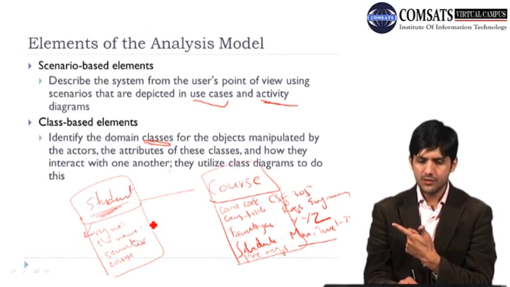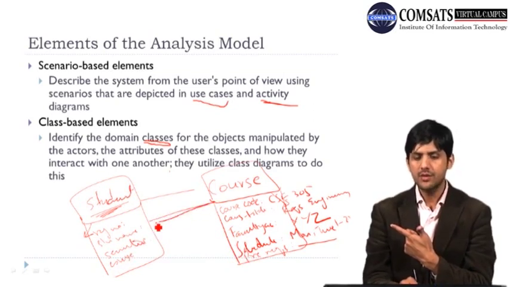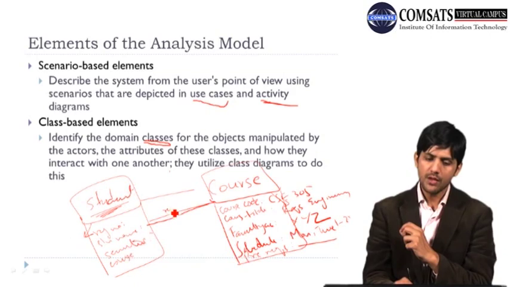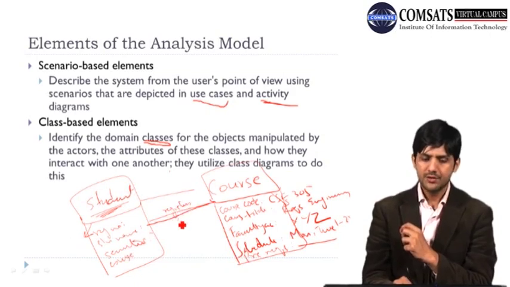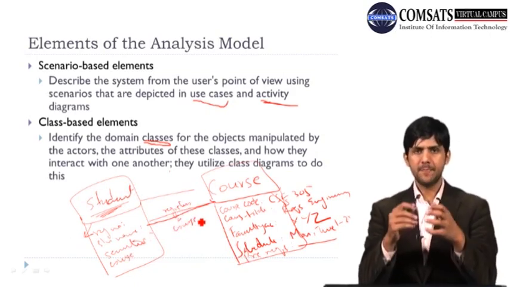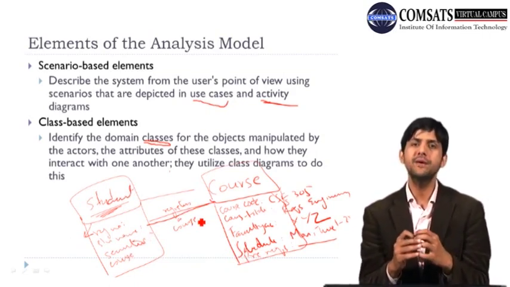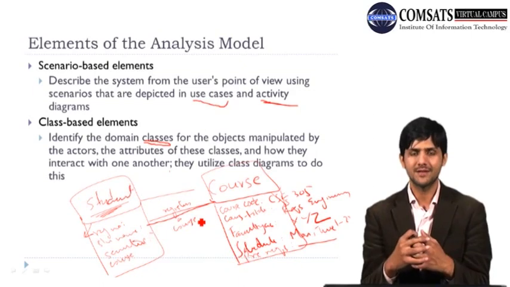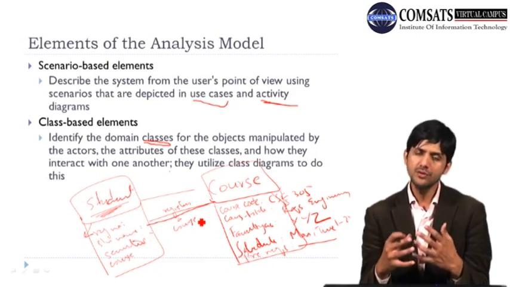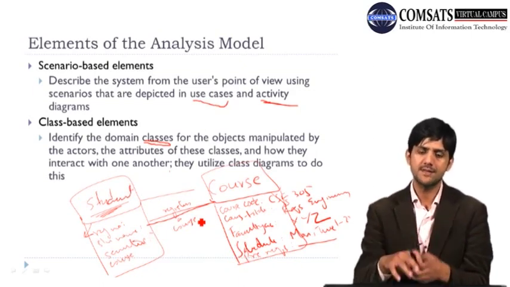So a student and a course class are connected to each other, because a student registers a course. So the next thing in class-based analysis is that we try to identify the interactions between different classes, and we try to record how they interact with each other.